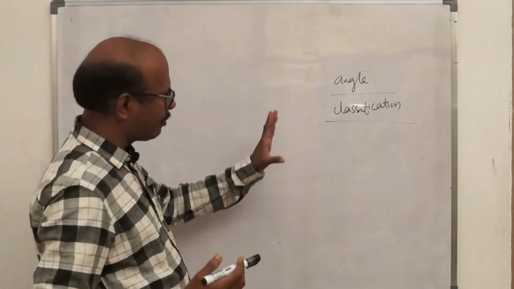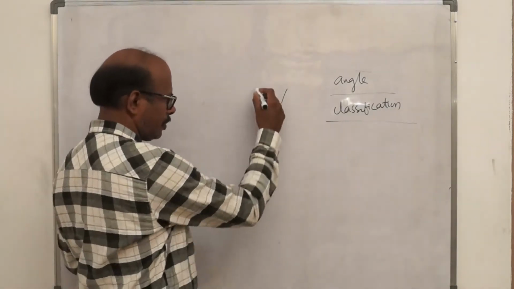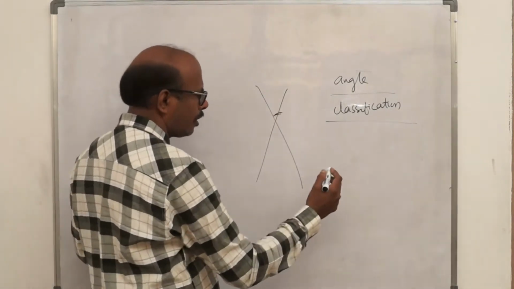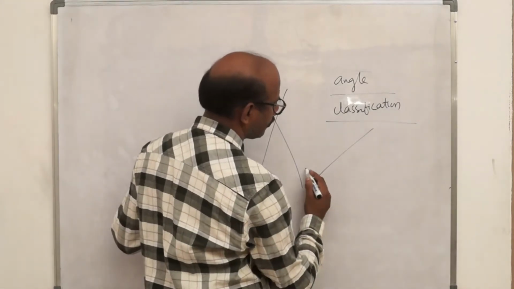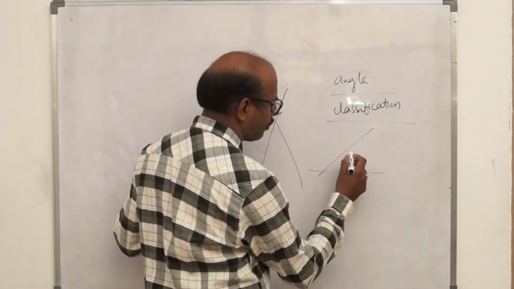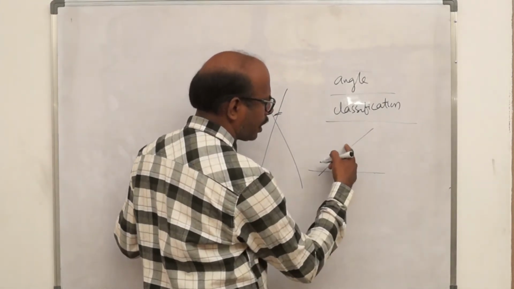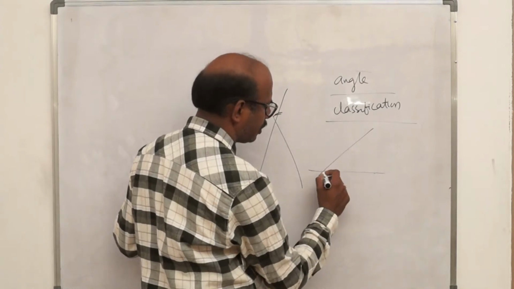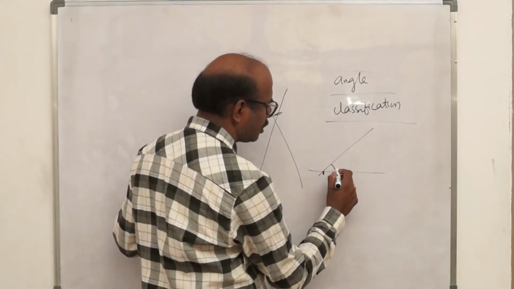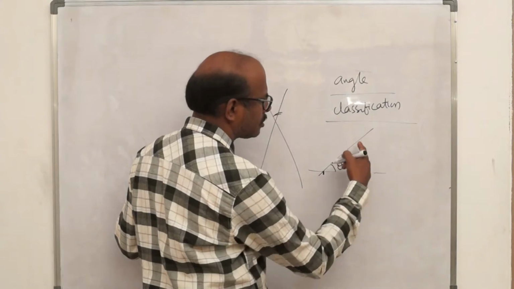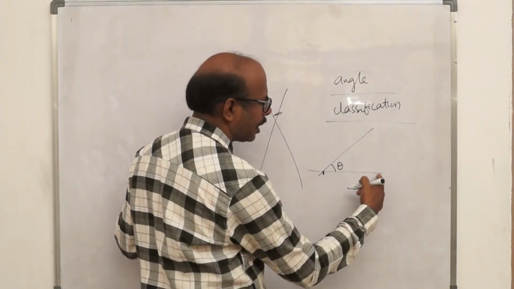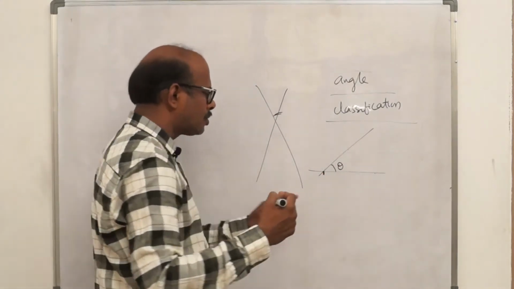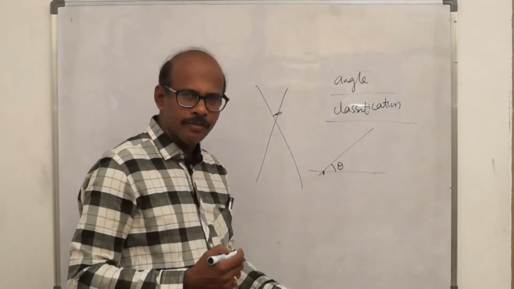The portion included between two intersecting lines is called an angle, or the amount of rotation from the initial side to the final side. The final side is obtained by rotating the initial side about a fixed point, the vertex. That amount of rotation is called angle. This is the final side, this is the initial side.